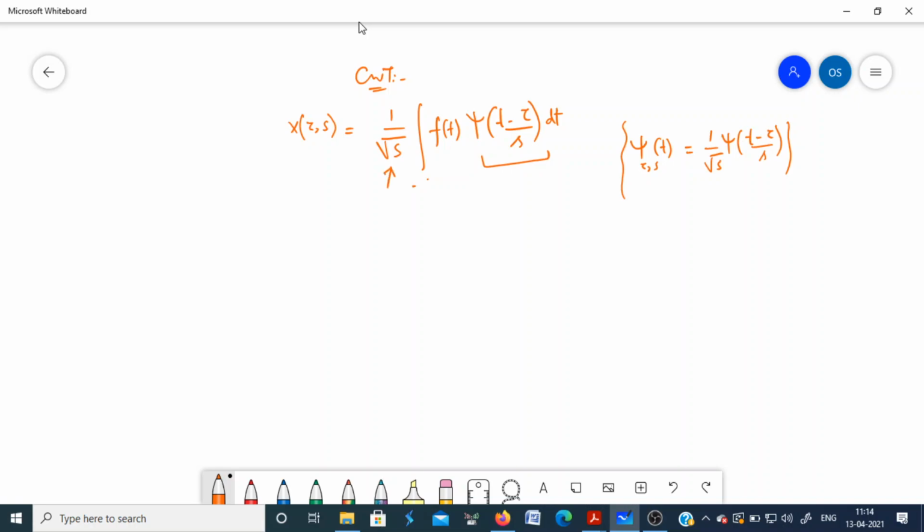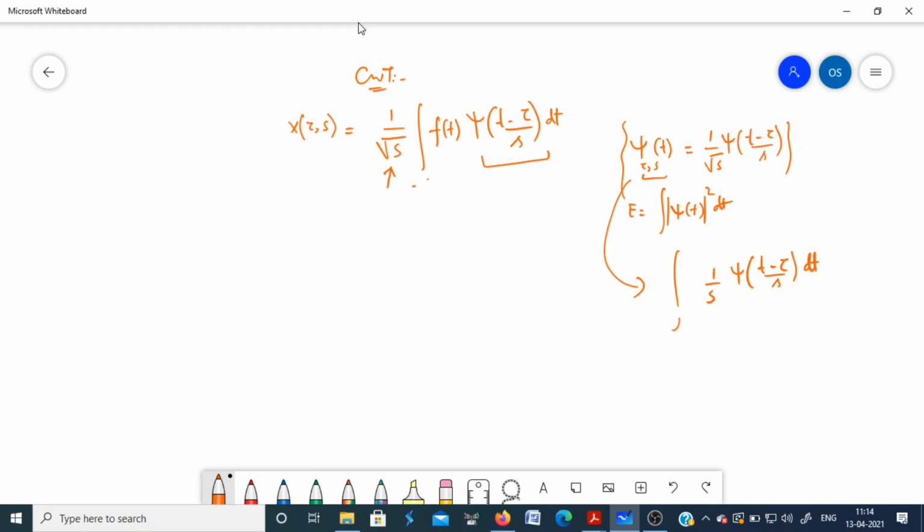So 1 by under root s is again just used to maintain the energy of the signal. Okay, it means if you see the energy of the function psi t is E, what will be the energy of this function psi tau s of t? It will be the integration of (1 by under root s) squared, so you get 1 by s, times psi of (t minus tau) by s squared dt.